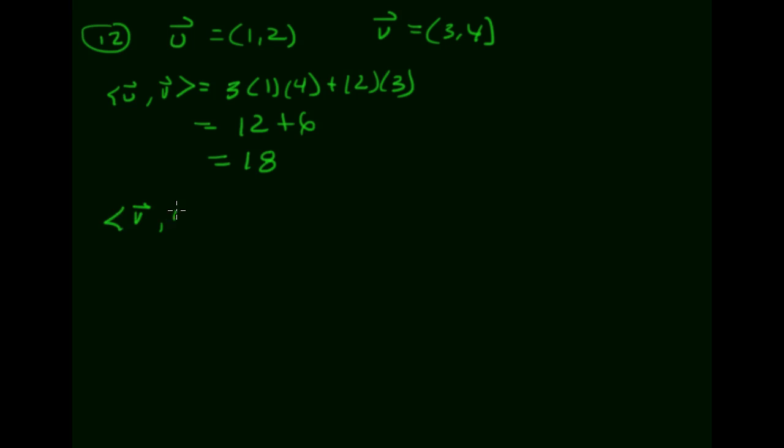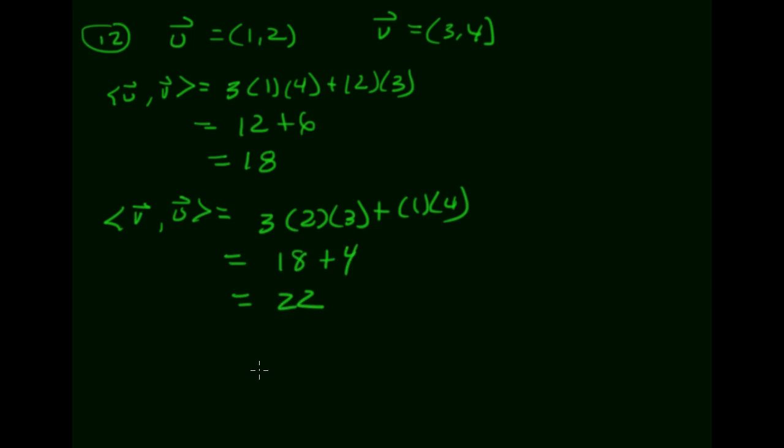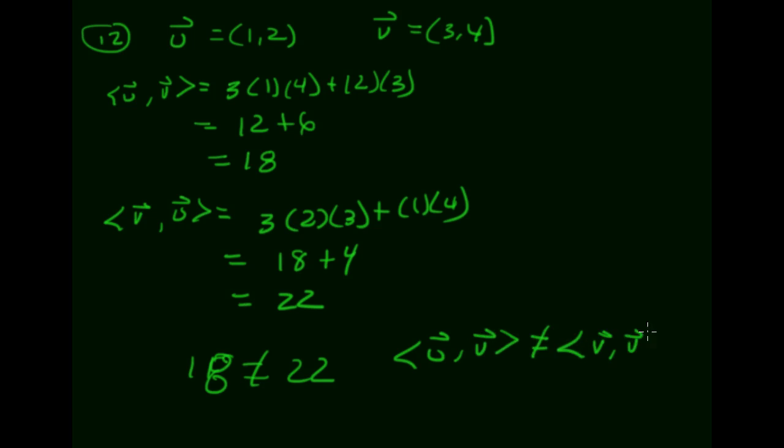If I take v times u, I get 3 times 2 times 3 plus 1 times 4. This is 18 plus 4, which is 22. And 18 does not equal 22, so u times v does not equal v times u. You have to have the commutative property in order to have an inner product. So that one doesn't work either.